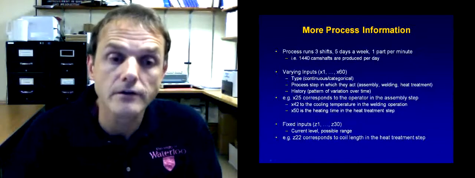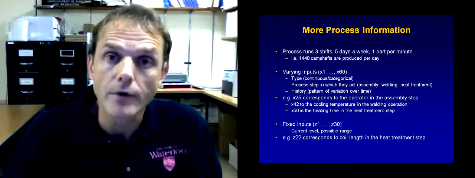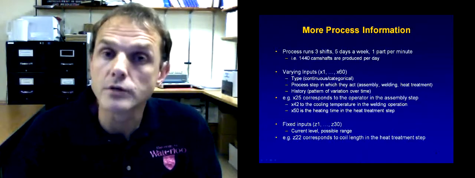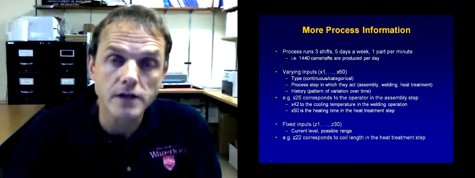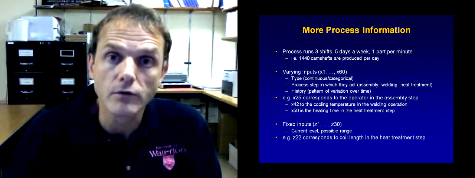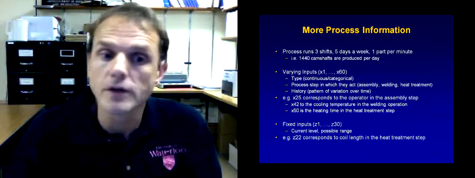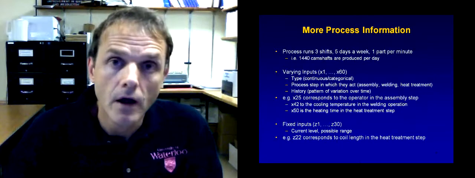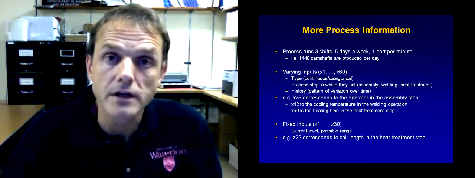So for instance, again, if you look at X25, operators, there are 5 operators, and the operators change only once per shift. Whereas X50, the heating time, is a variable that changes very quickly over time and can be quite different for different camshafts that are produced sequentially. There's more information about these varying inputs inside watfactory and various PDF documents that summarize this information in more detail.